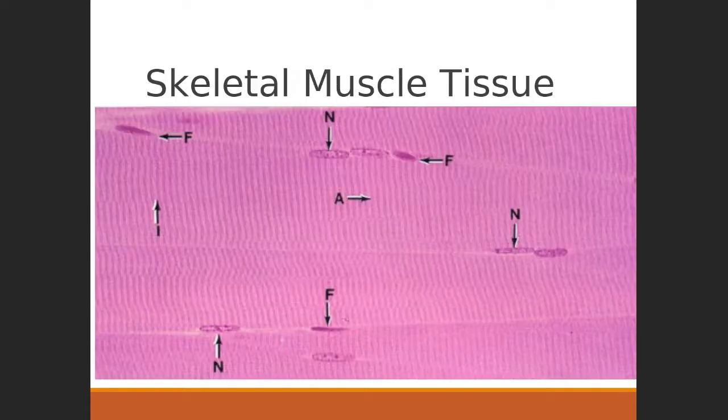Here's skeletal tissue. What we're looking at with skeletal muscle tissue is long, parallel bands of muscle cells. And if we use the word muscle cell versus muscle fiber, those are the same thing. But you can see the striped appearance. That's going to be the result of filaments deep in the muscle cell overlapping with each other. So where you're seeing the light bands, more light is passing through, implying there's less overlap.